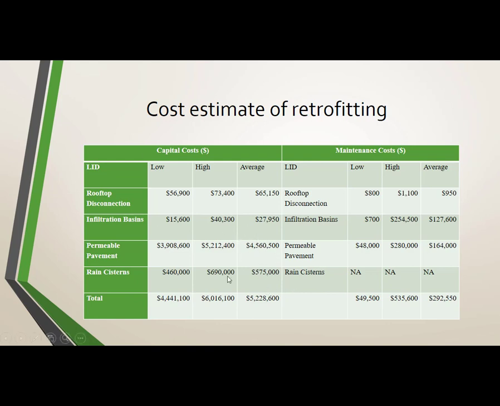The rain cisterns are estimated using commercial websites and assuming a constant lump sum installation fee, and the cost is estimated to be $575,000. The total cost of all the retrofitting amounts to $5.2 million, and the maintenance cost amounts to a total of $292,000.